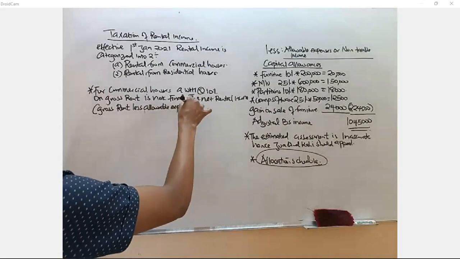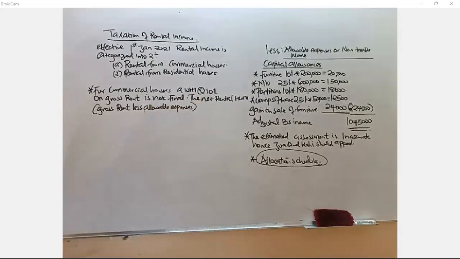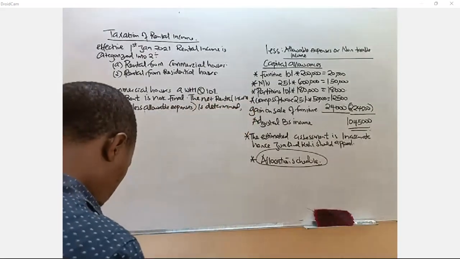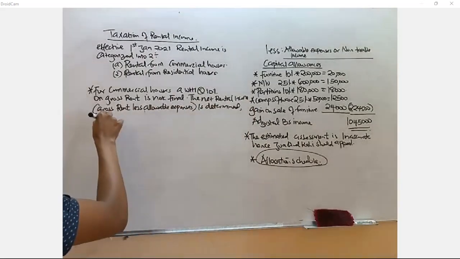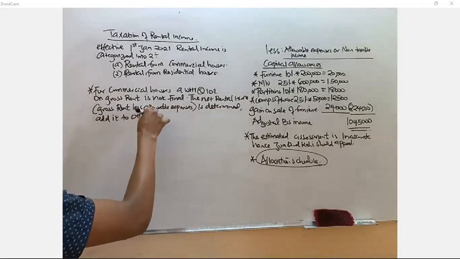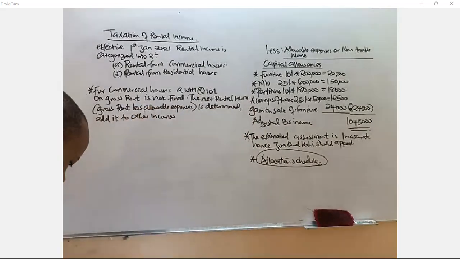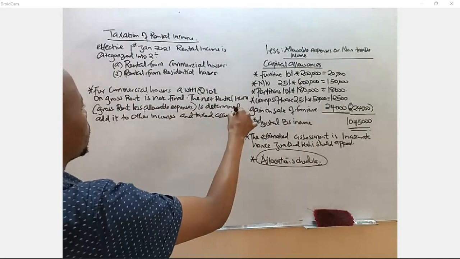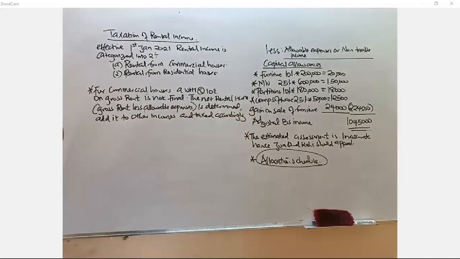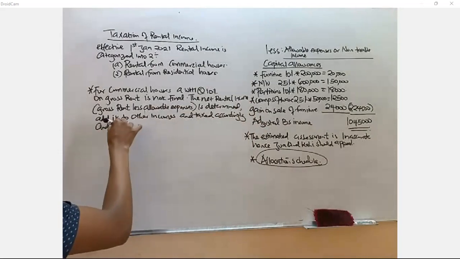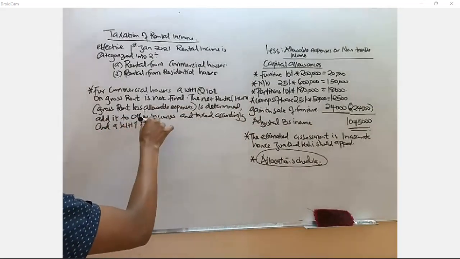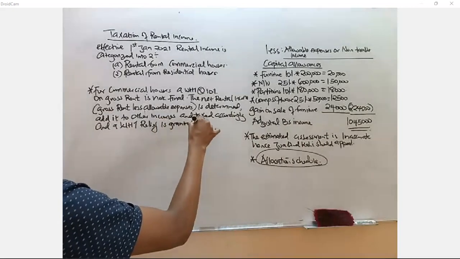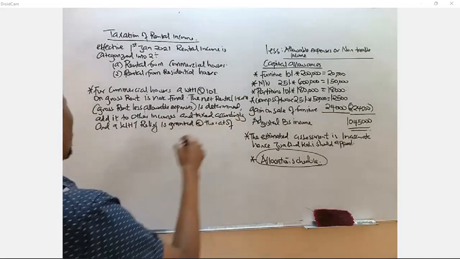After determining it, you add it to other incomes and tax it accordingly, under withholding tax relief, which is granted at the rate of 10%.